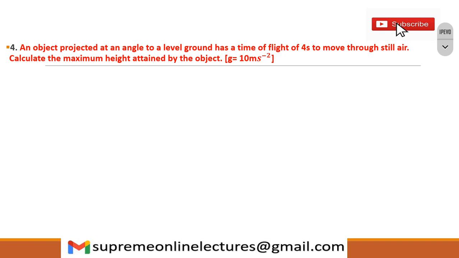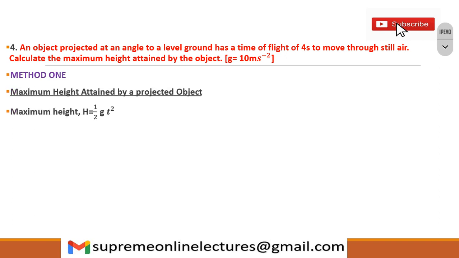We are going to apply two methods in solving this. The first method uses the expression h equals a half g t squared, where h represents the maximum height, g is the acceleration due to gravity, and t is the time for the object to get to the maximum height.